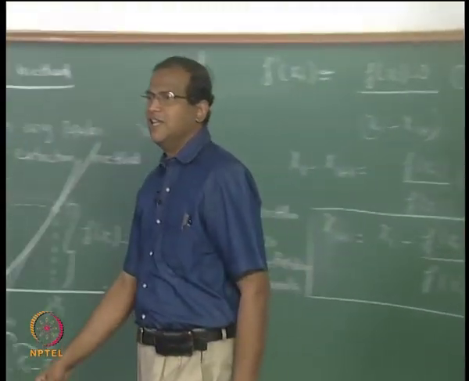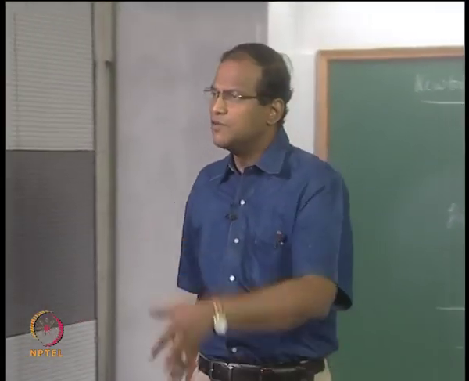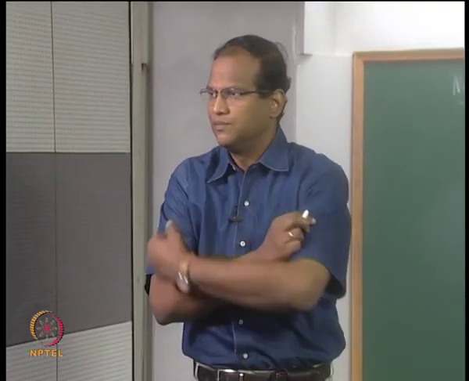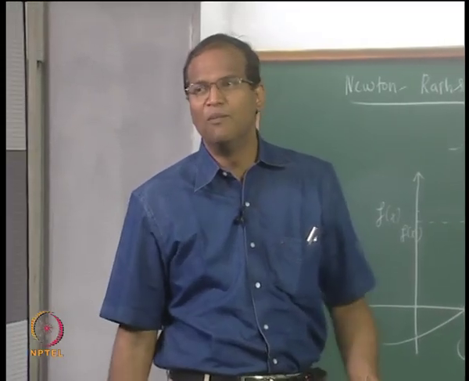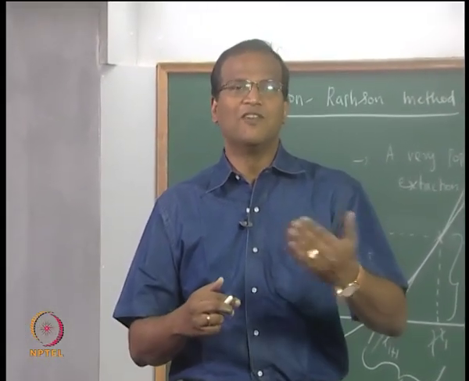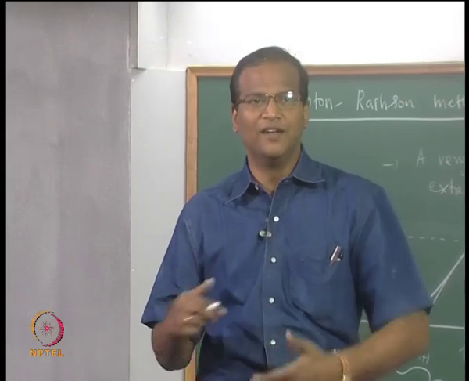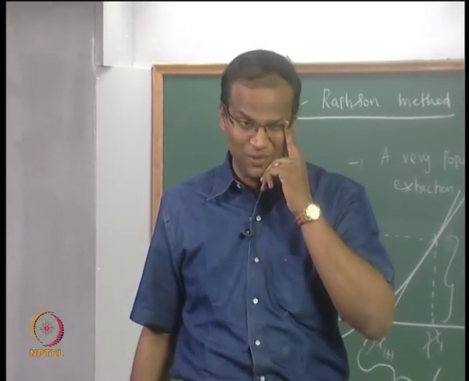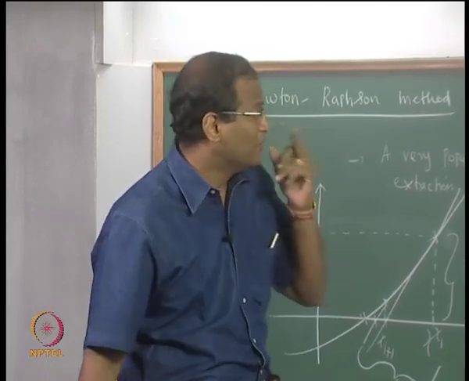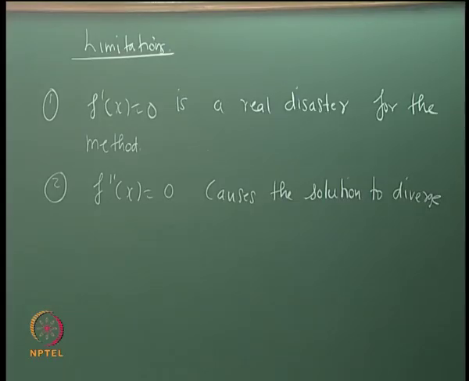F dash of x need not even be 0. If it is very small also, this fellow will oscillate too much, okay, this fellow will shake too much, that is a problem. So, it depends on that f of x divided by f dash of x should be decent, such that it is small compared to xi, so that you get a new xi plus 1, okay. So, sometimes it causes the solution to diverge, sometimes it gets trapped in local minima or maxima.